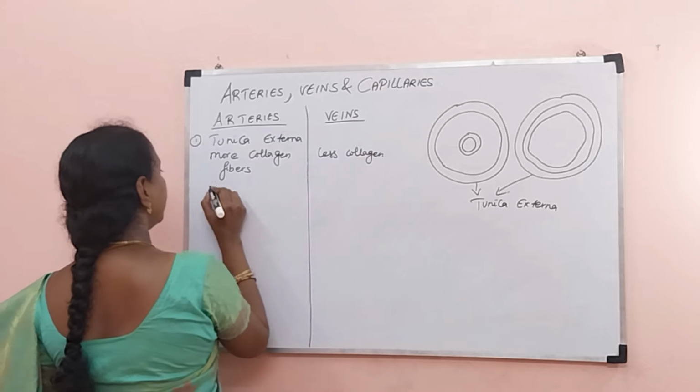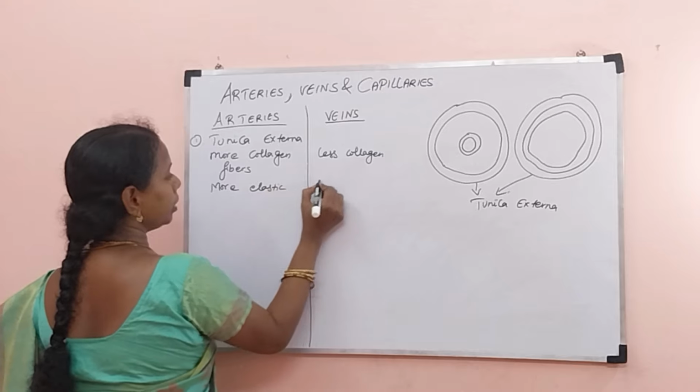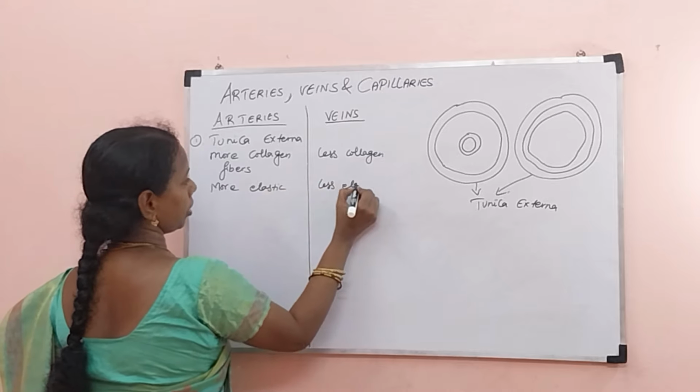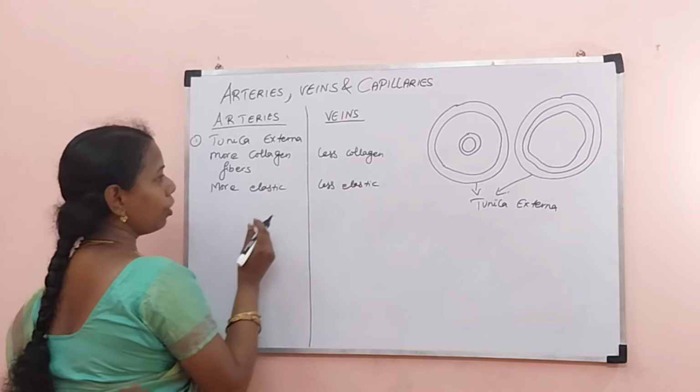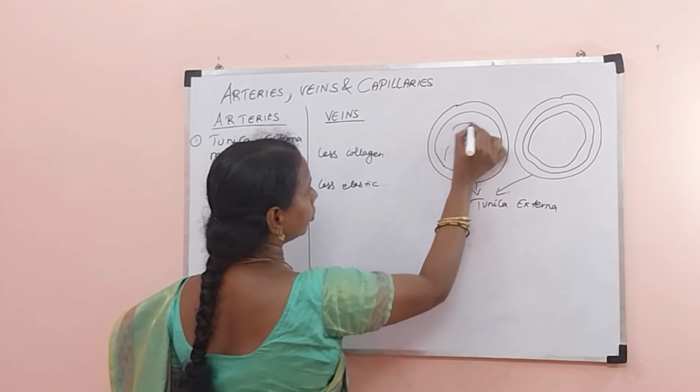Because of it, the artery is more elastic and the vein is less elastic.